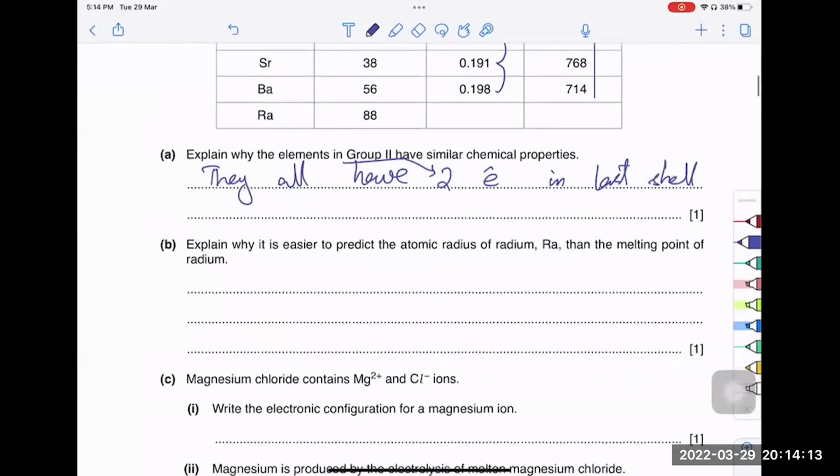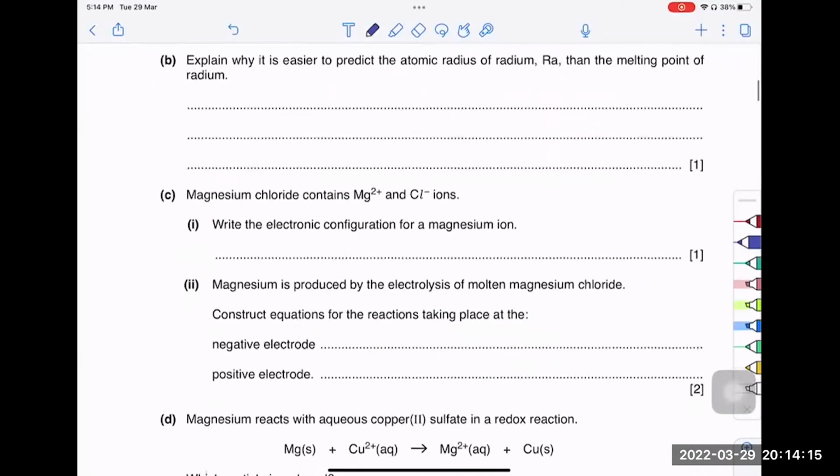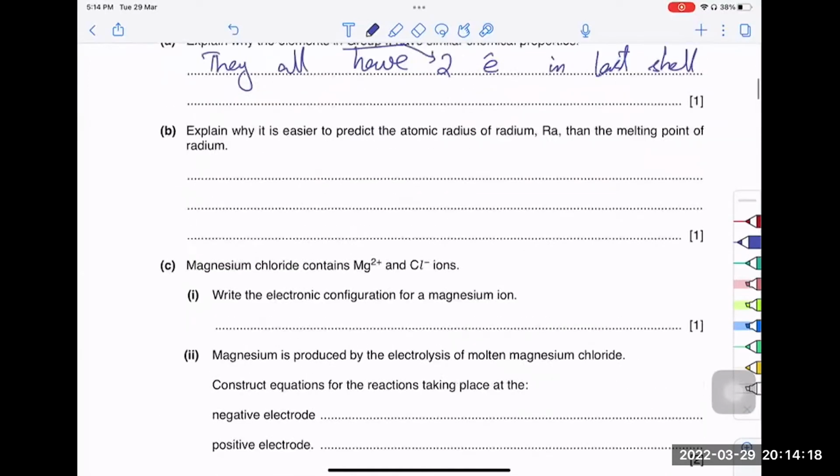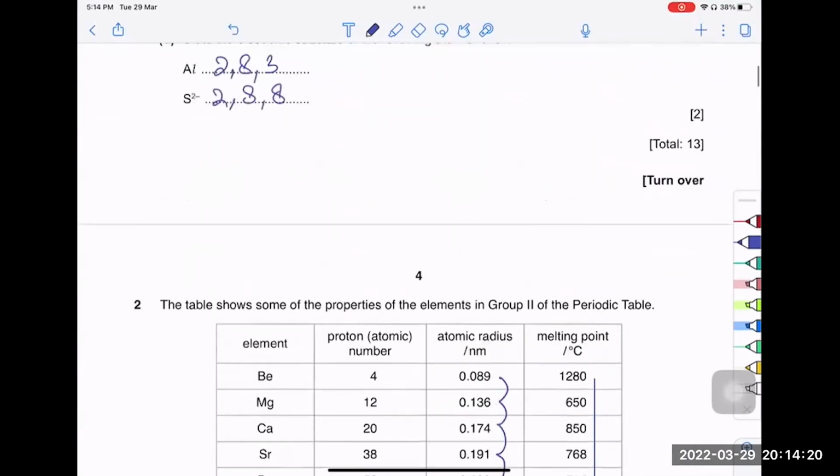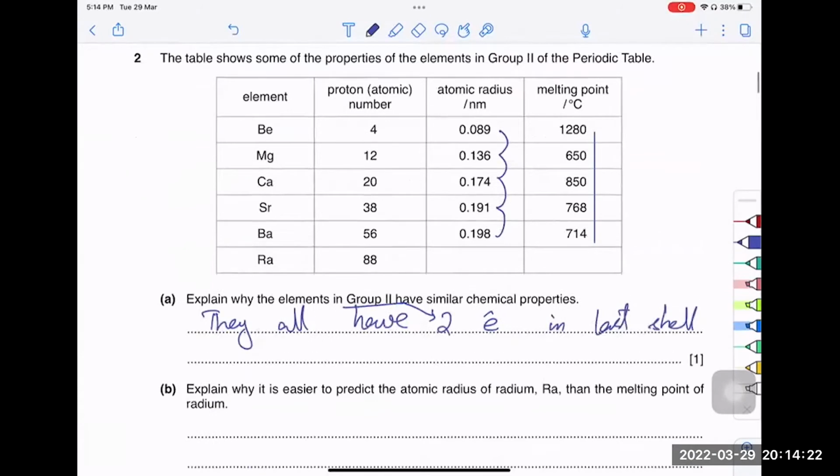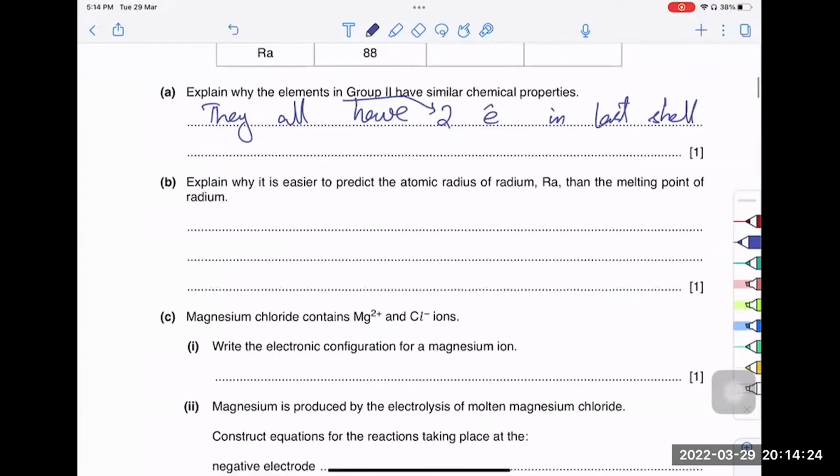So it's easier to predict atomic radius because it is always increasing था ना? हाँ, it was always increasing, but the melting point it does not have a fixed trend. It's increasing and decreasing. So आप लिख सकते हो उसको.